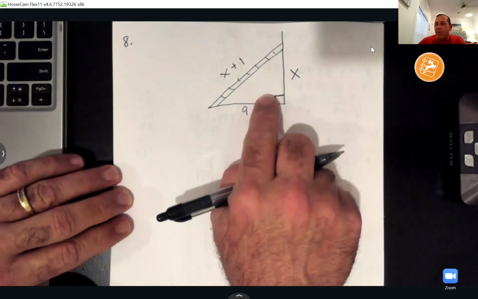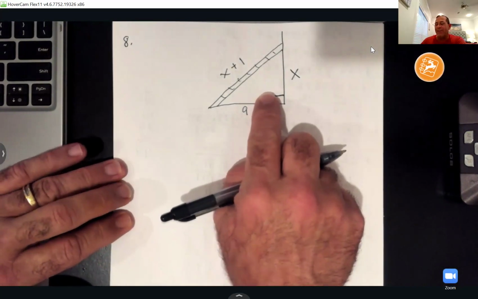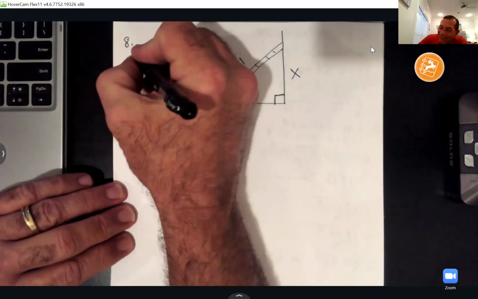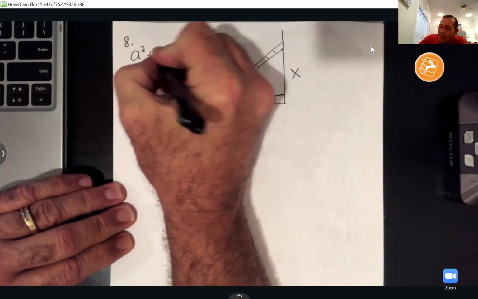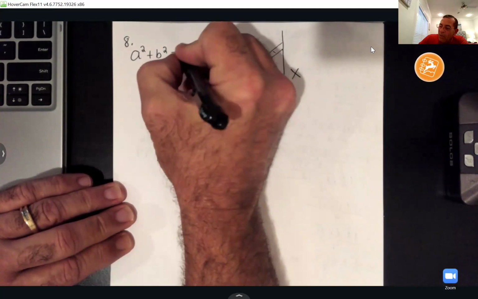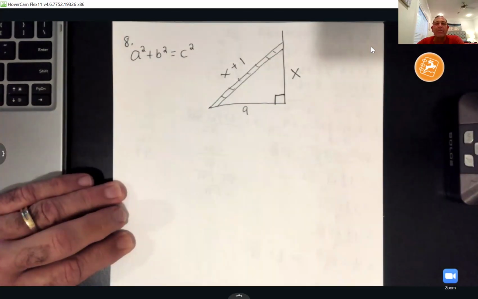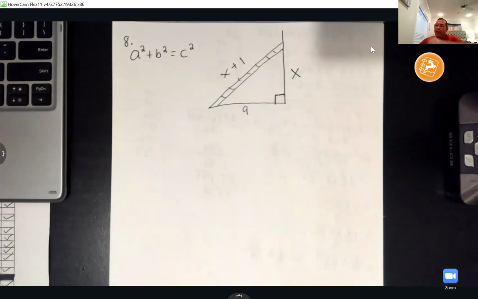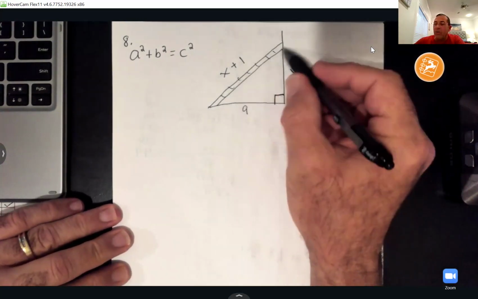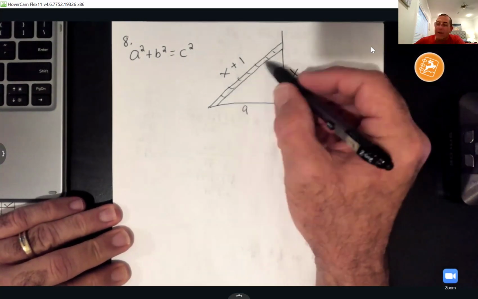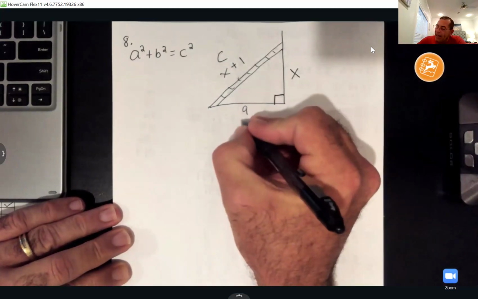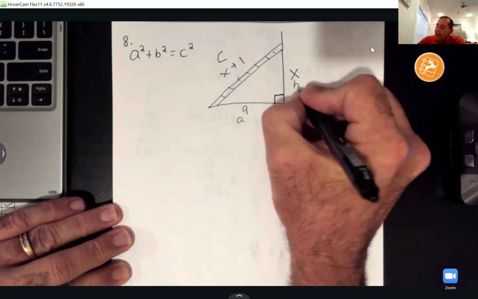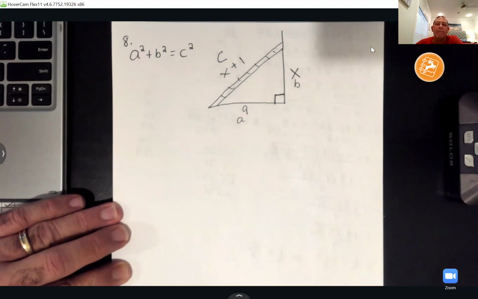So, you remember what formula I'm about to use. We're going to do a squared plus b squared equals c squared. Now, the longest side, your ladder, has to be the c side. And then the 9 can be my a, and the x can be what I put in for my b.